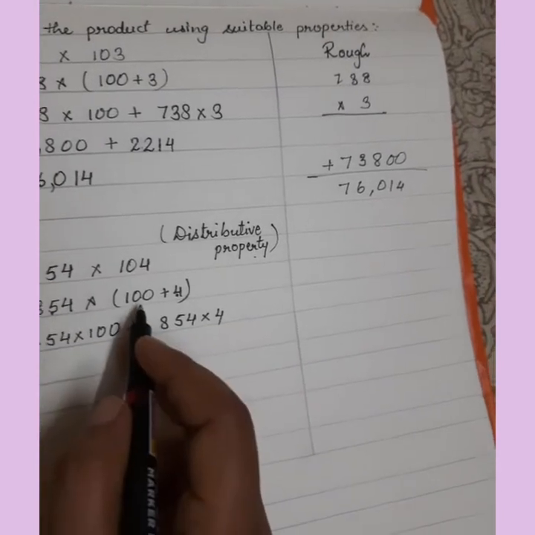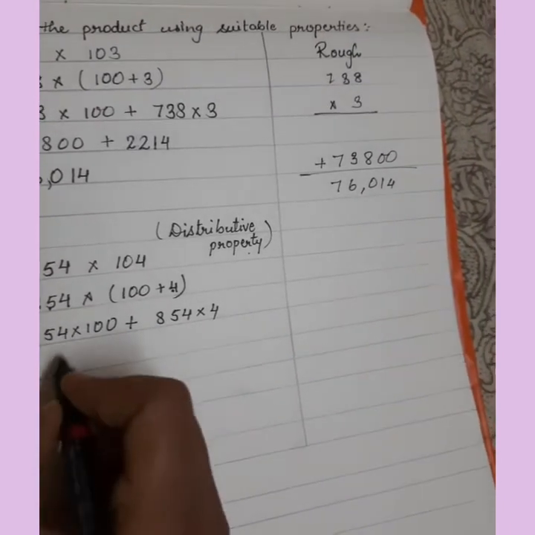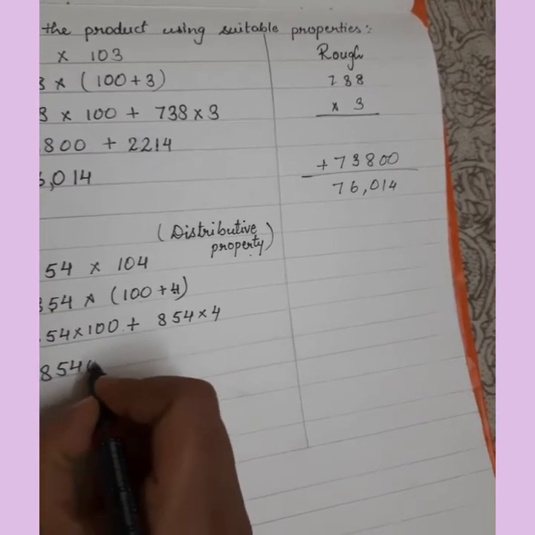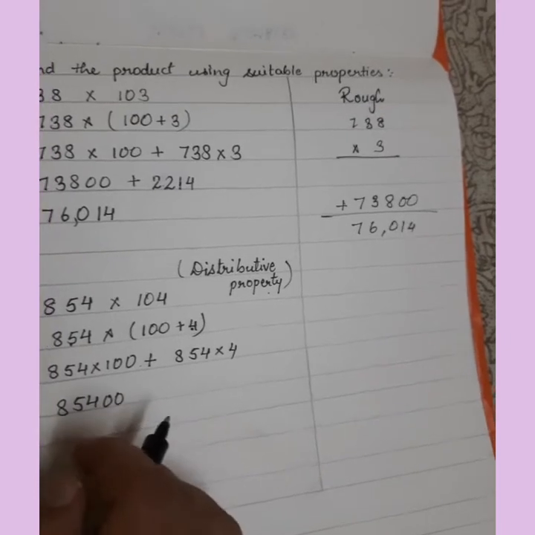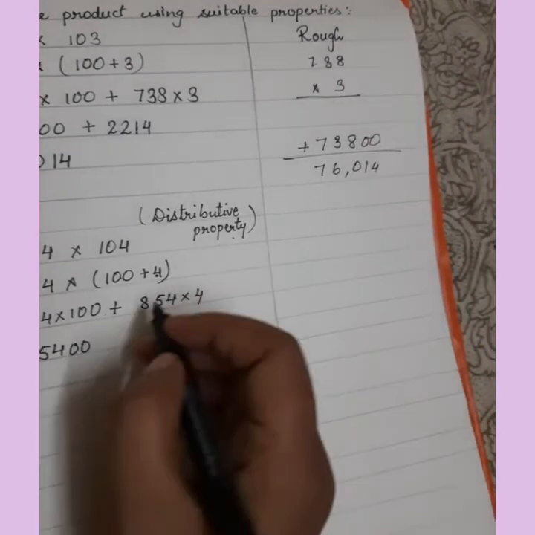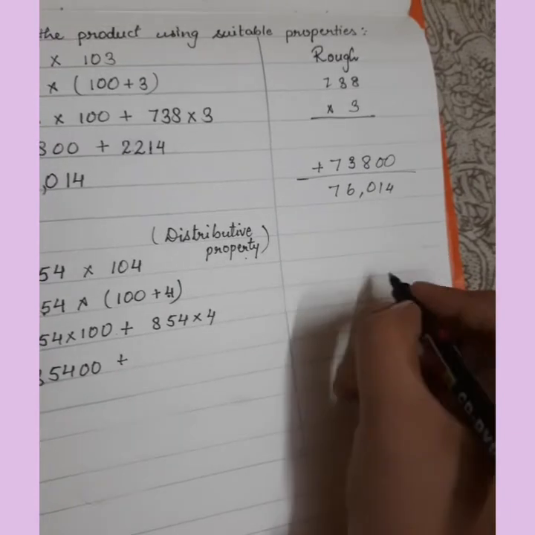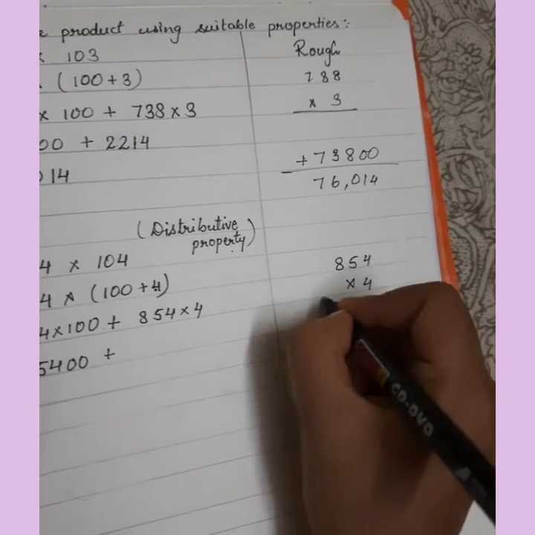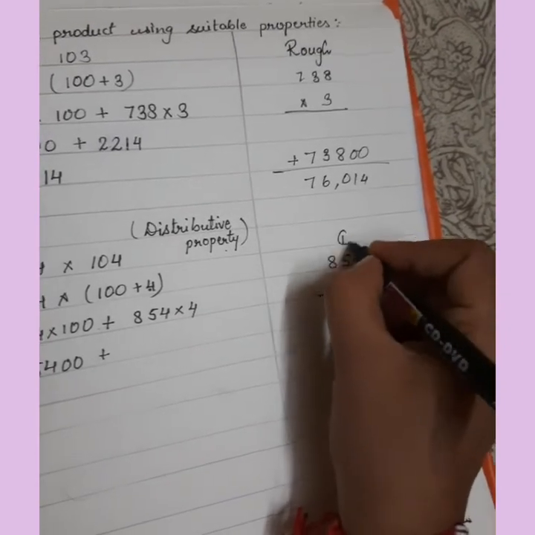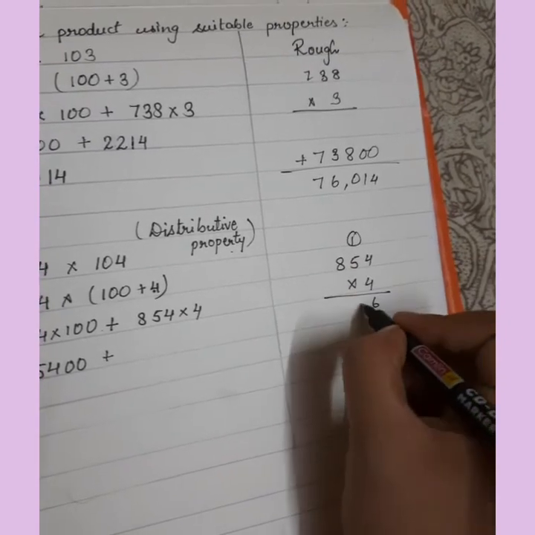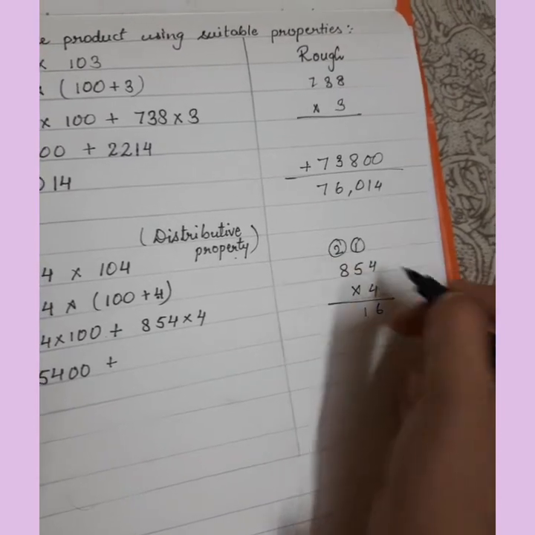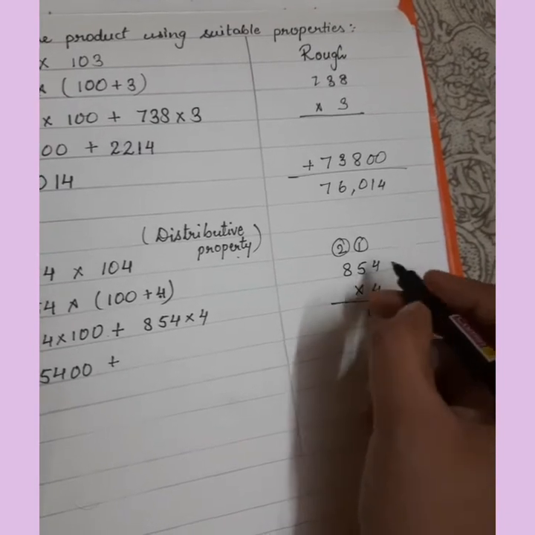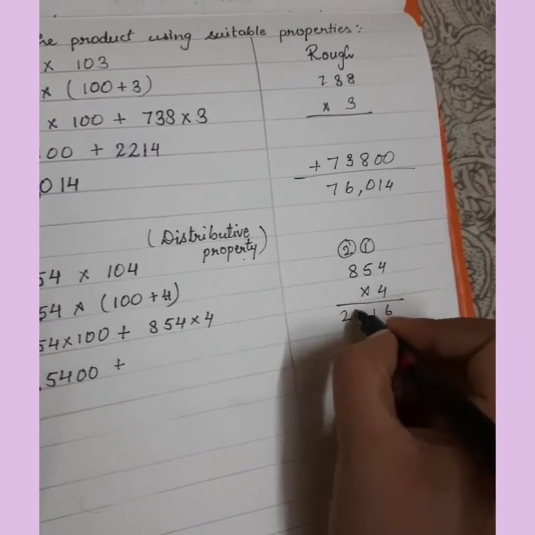Now 854 multiplied with 100. You simply write that number and 2 zeros. This you have learnt in your 5th standard. Then 854 multiplied with 4. Do this in the rough column. 4 4s are 16. 6, 1 carry. 4 5s are 20 plus 1 is 21. So 1, 2 will be carried on. 8 4s or 4 8s is 32 plus 2 is 34.